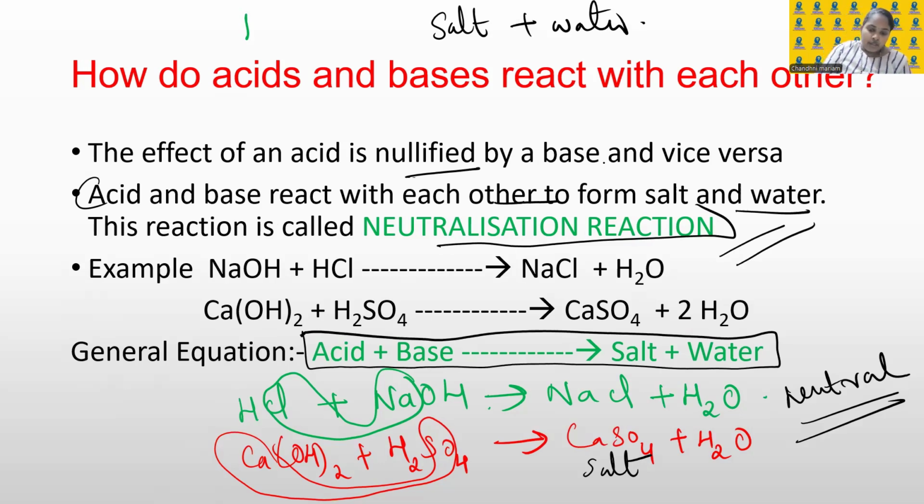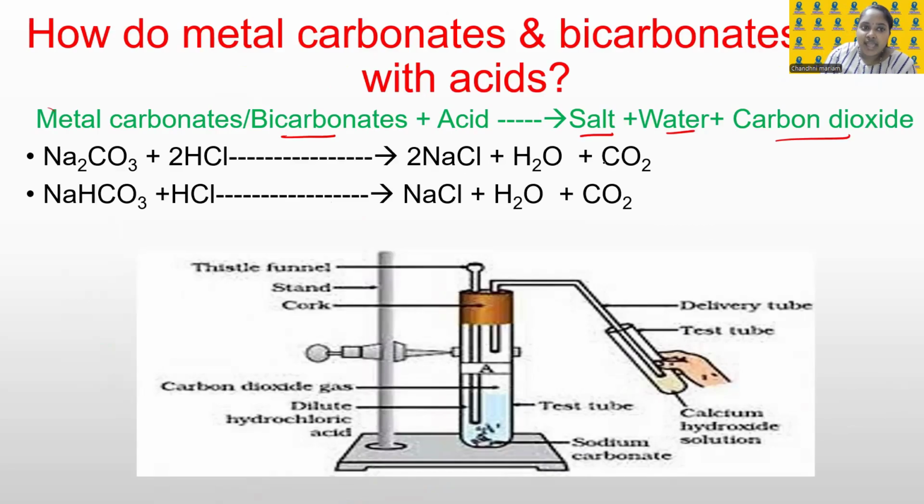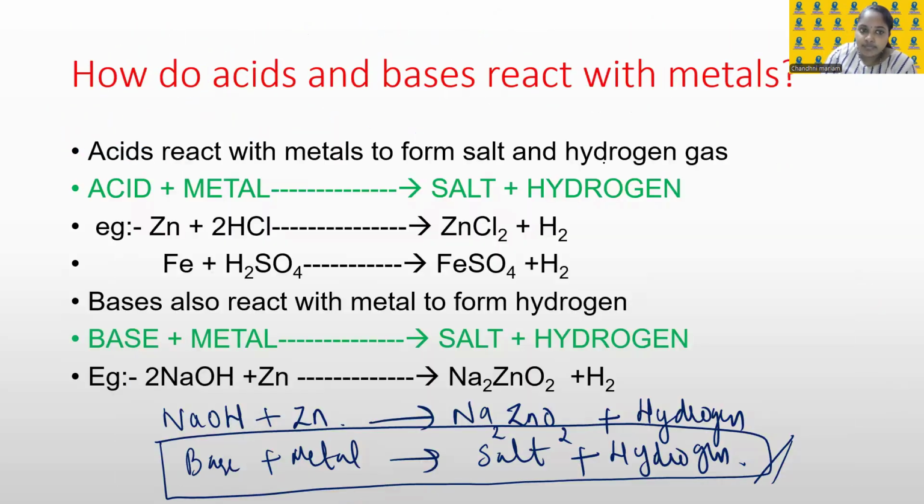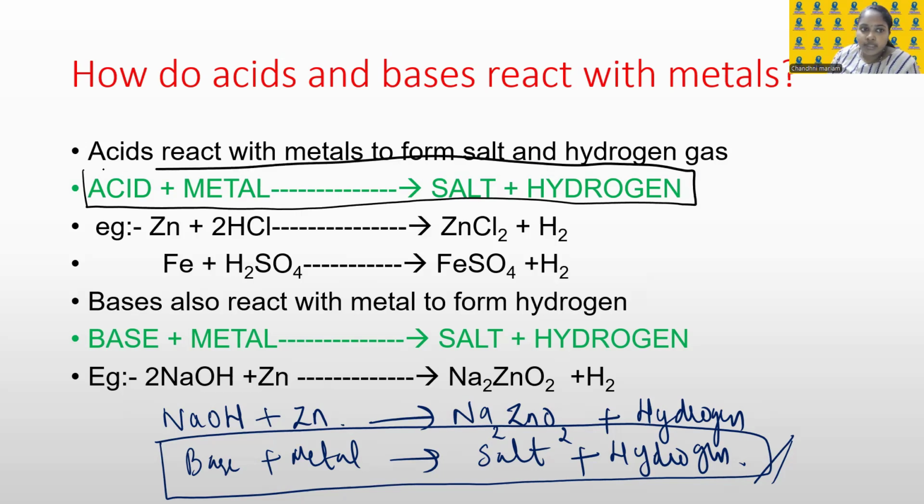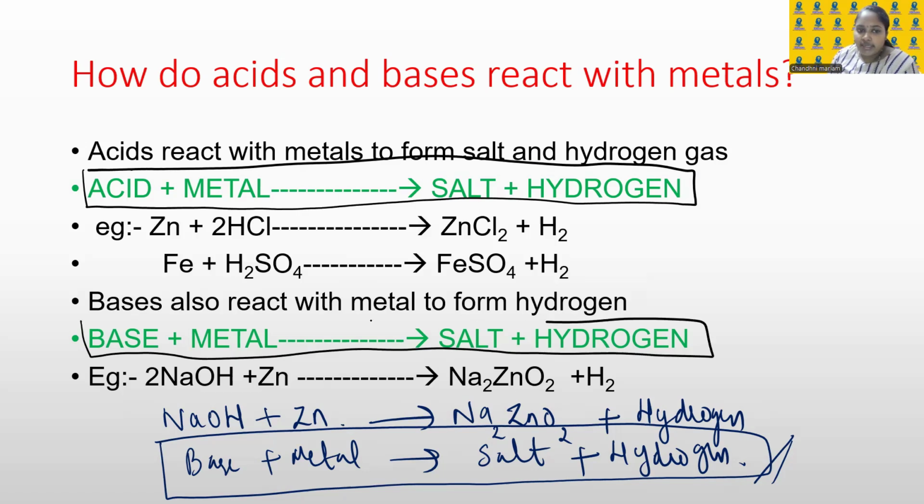Okay. So this is what we have to learn from this topic: the reaction of acids with metals and bases with metals, and their general equations. Let's see that once again. Acid reacts with a metal to give salt and hydrogen. Similarly, a base also reacts with a metal to form salt and hydrogen.